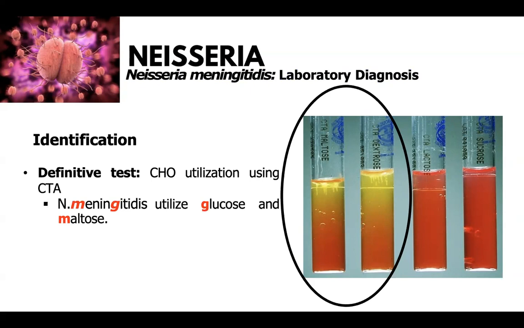So, it can now utilize 2 sugars. Kanina si gonococcus, glucose lang. Ngayon, meningitidis can utilize both glucose and maltose. Okay?